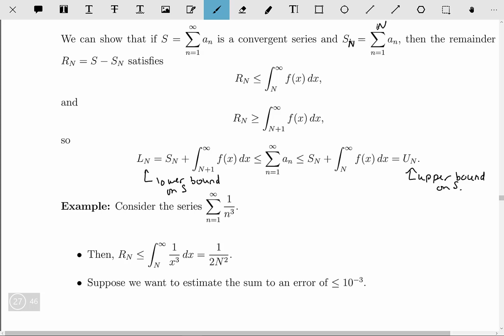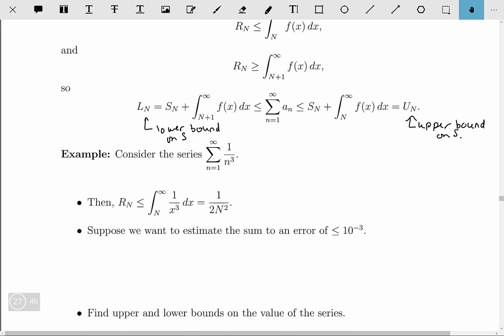To get the bounds, if R sub N is S minus S sub N, you just add S sub N to both sides. So S sub N plus the lower bound gives us a lower bound on the value of the series. And S sub N, the capital Nth partial sum, plus the upper bound gives us an upper bound on the value of the series.